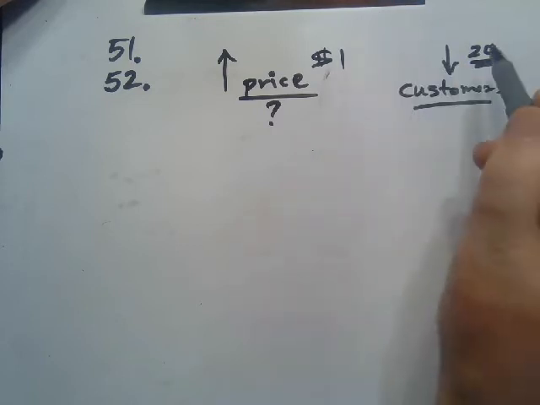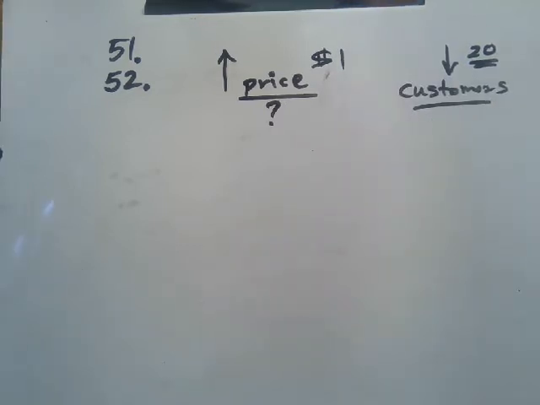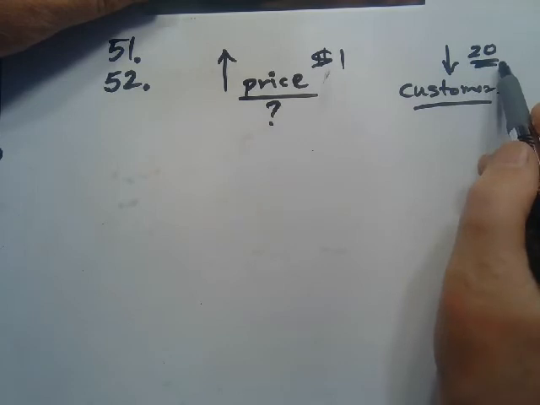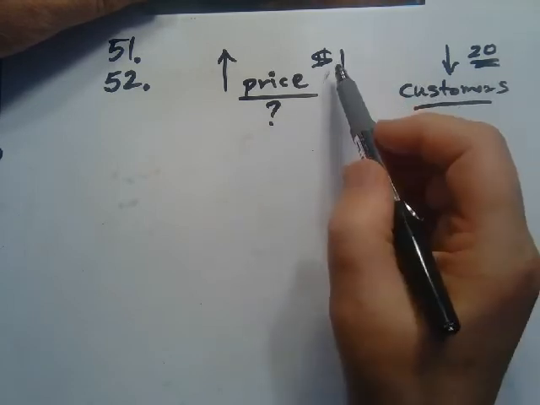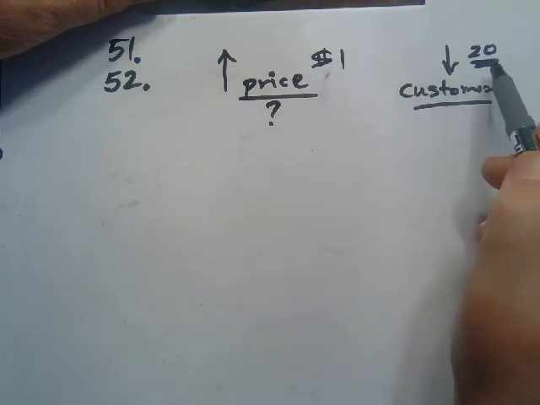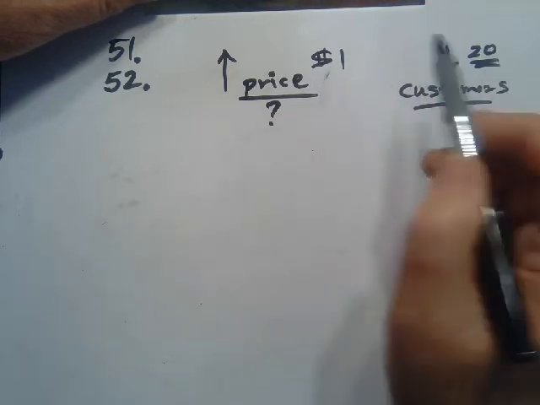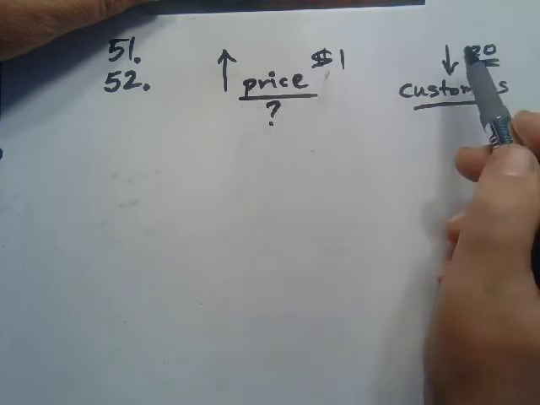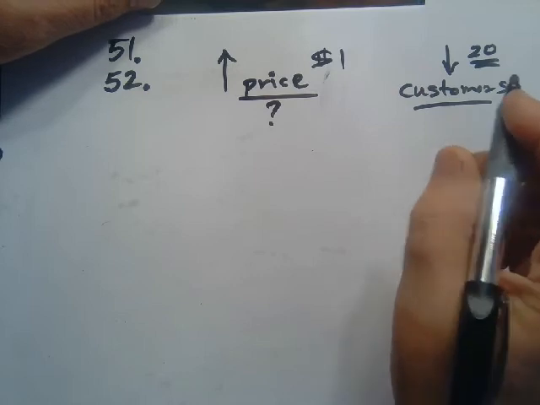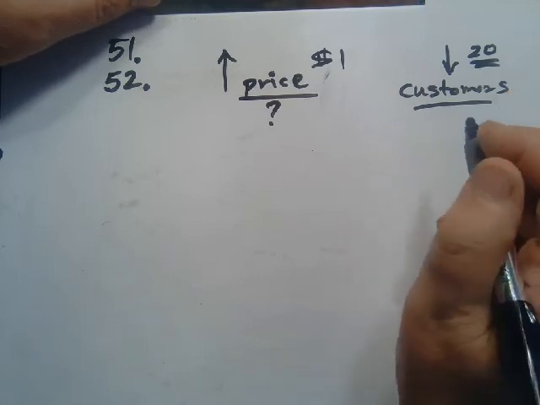So we want to figure out how many price increases this guy could do and still get the maximum profit. See, he's getting more money because he's raising the price, but he's got fewer customers, so that's less money that way. We want to find out what the maximum is, and as it turns out, we're going to use a parabola, a quadratic here, to solve it.